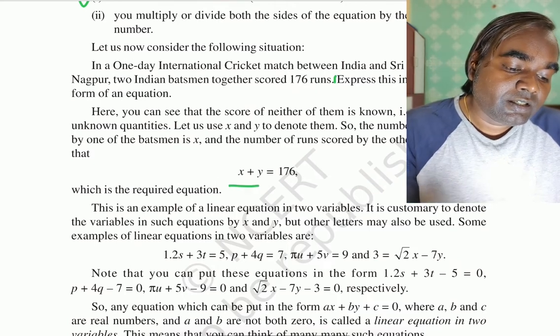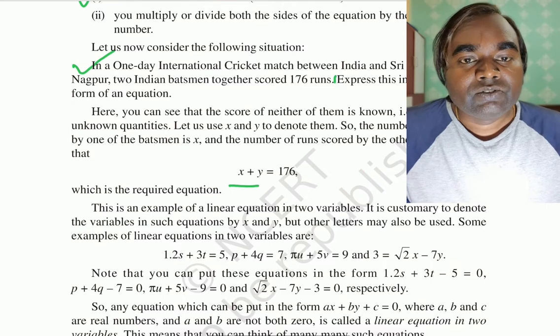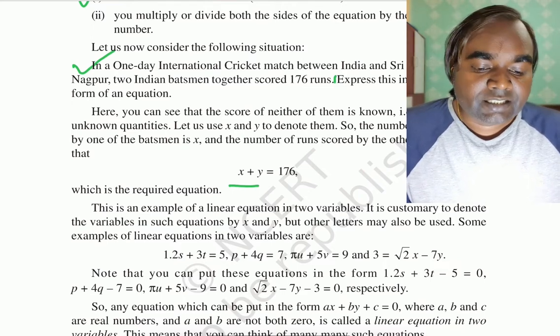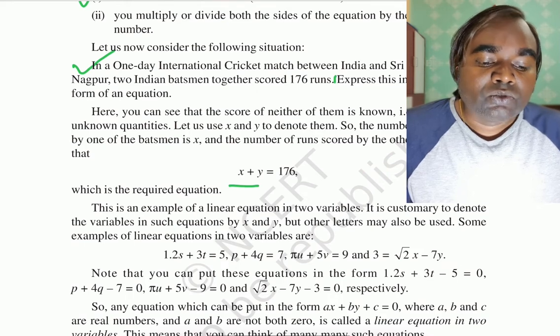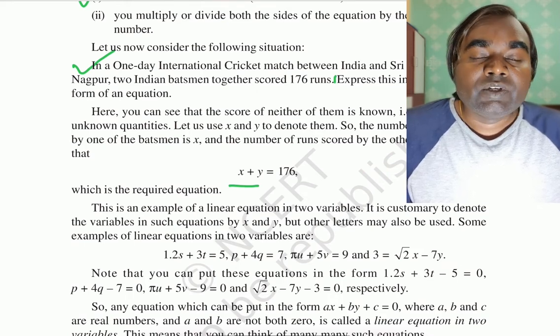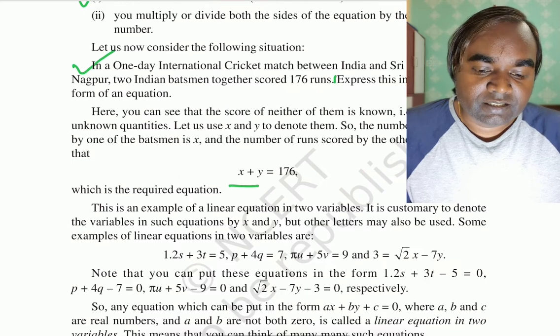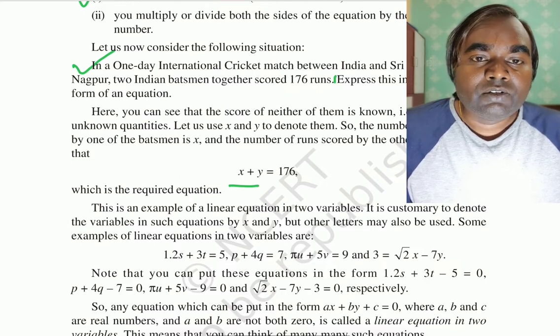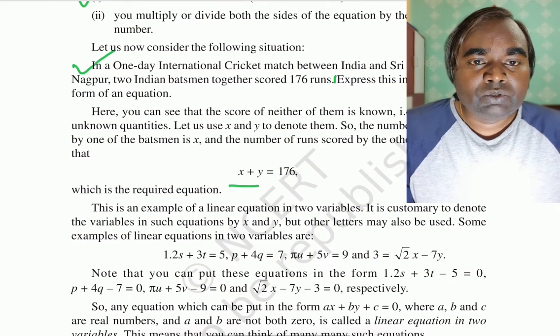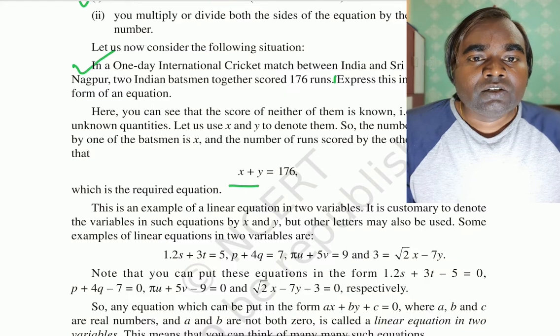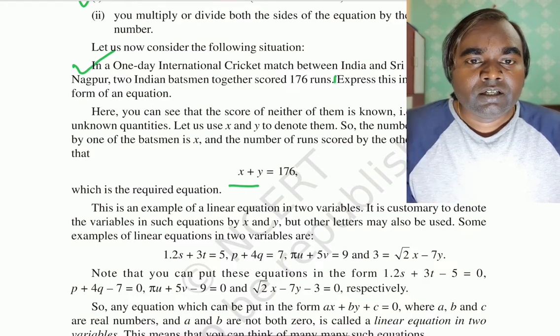Now let us consider a situation: in a one-day international cricket match between India and Sri Lanka held in Nagpur, two Indian batsmen together scored 176 runs. Now express this information in the form of an equation. We don't know the individual scores of the batsmen, only the total runs.